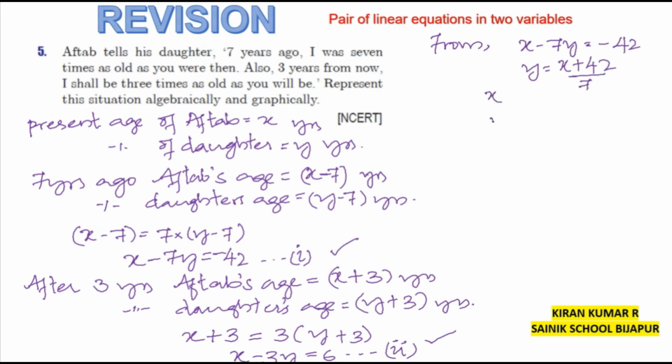Let me find the value of y for different values of x. For x equal to 0, we have the value of y as 42 by 7, which is 6.